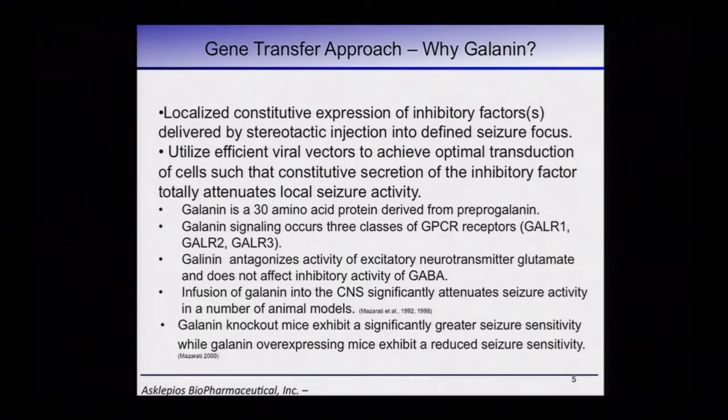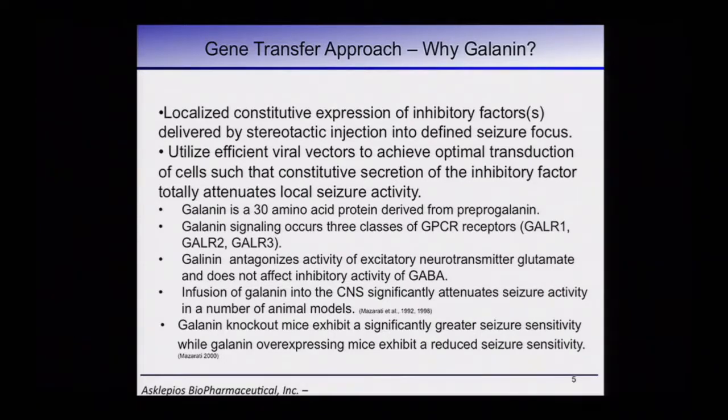It is a localized constitutive factor, and there are multiple proof of principle studies in the literature that show it has an effect to attenuate seizure activity in various animal models.